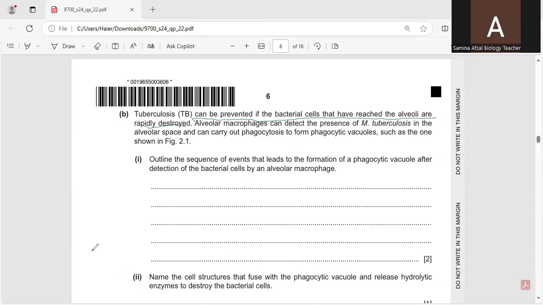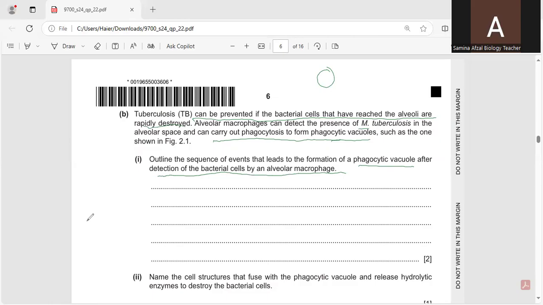Alveolar macrophages can detect the presence of M. tuberculosis in the alveolar space and can carry out phagocytosis to form a phagocytic vacuole, such as the one shown in figure 2.1. Outline the sequence of events that lead to the formation of a phagocytic vacuole, or phagosome, after detection of the bacterial cells by an alveolar macrophage.